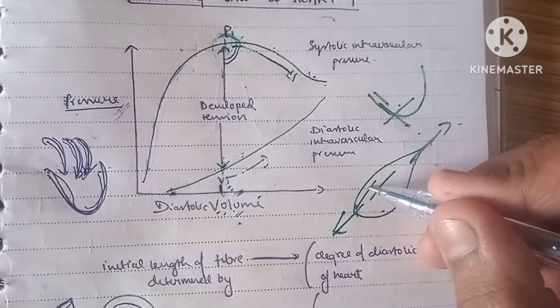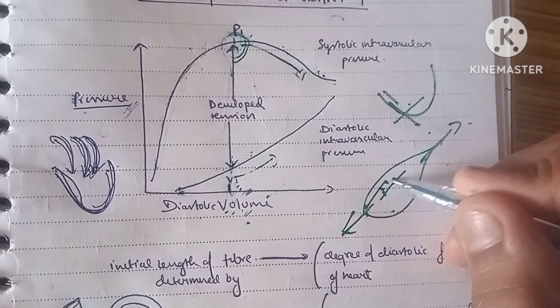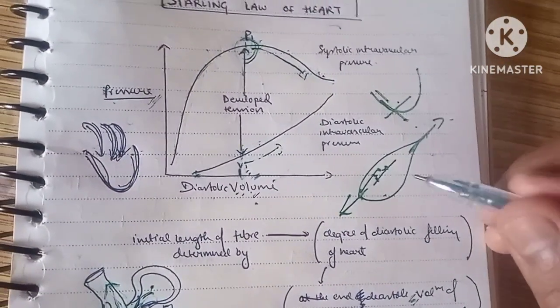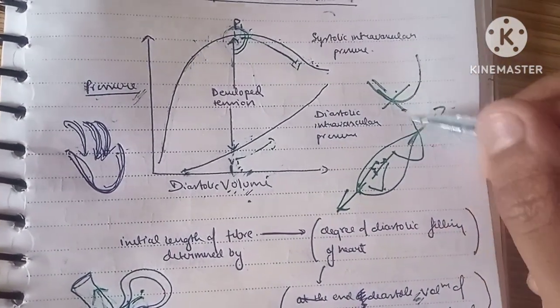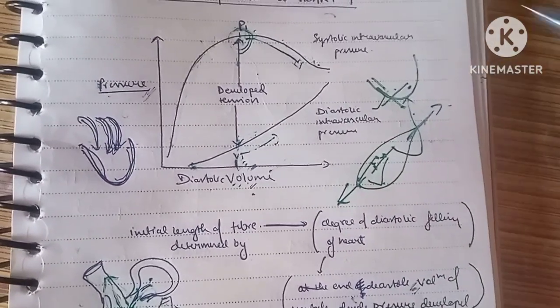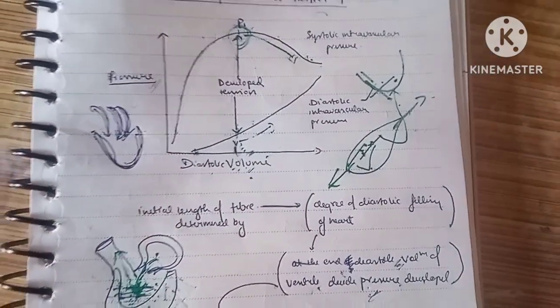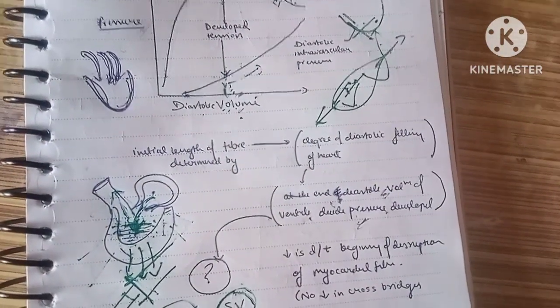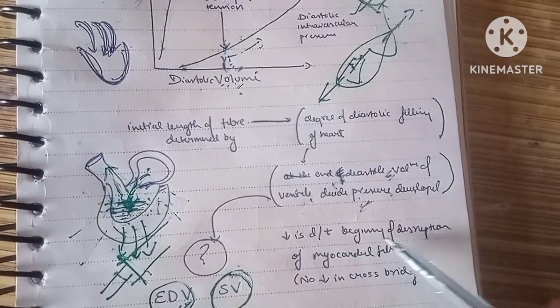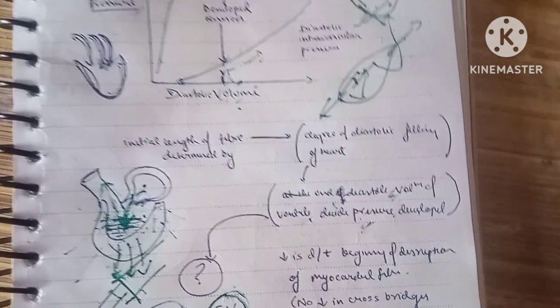But here it is not because of disruption; it is because of loss of the actin myosin bridges that are formed. This loss of actin myosin bridge is not seen in case of myocardial fiber. Here we have disruption of the myocardial fiber, which is going to decrease the pressure generated. This was important to know: the decrease is due to the beginning of disruption of myocardial fiber rather than a decrease in the cross bridges.